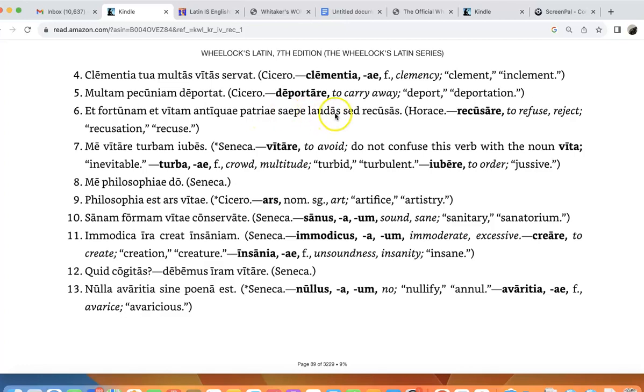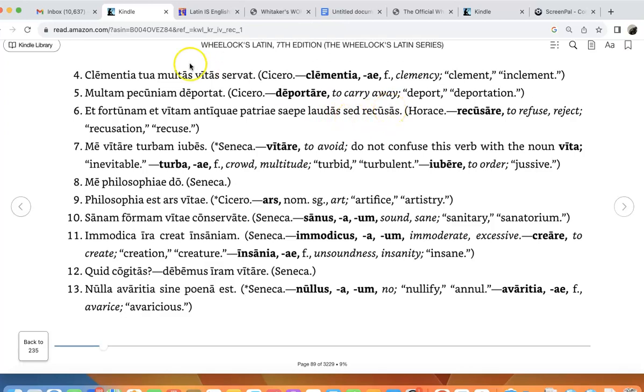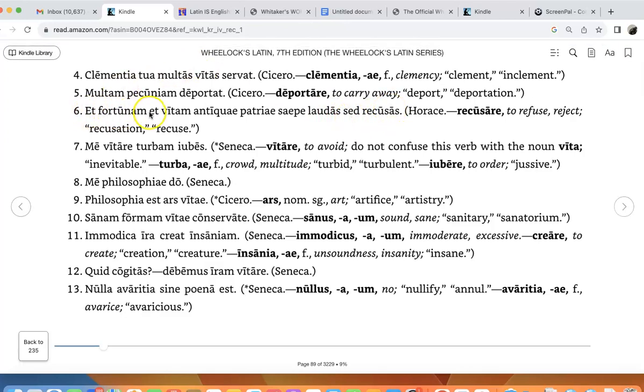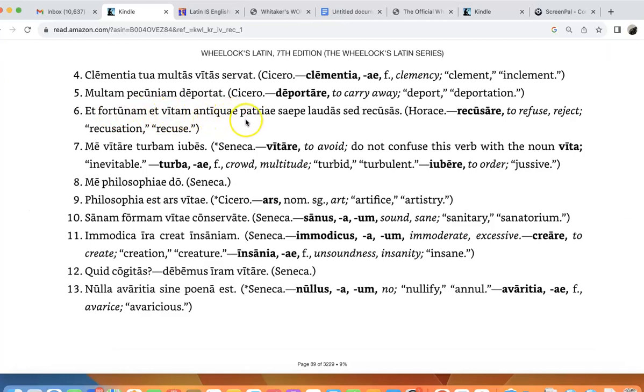Let me go over that one more time. So you, s means you. You often praise, but reject both the fortune and life of the ancient fatherland.